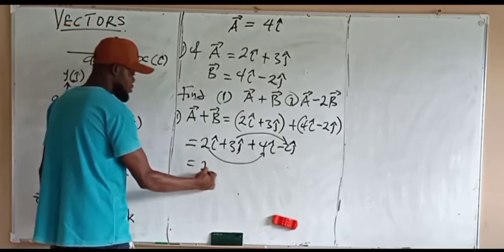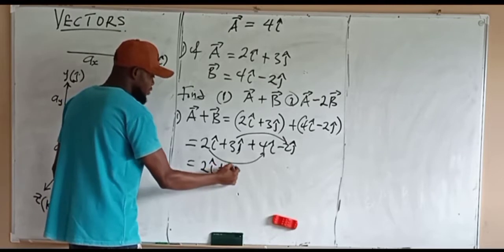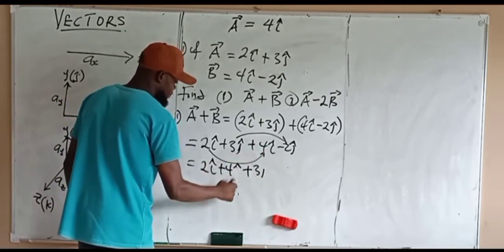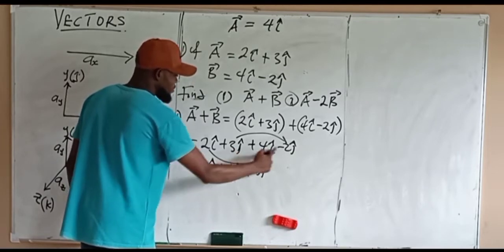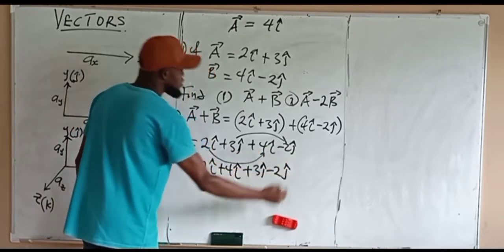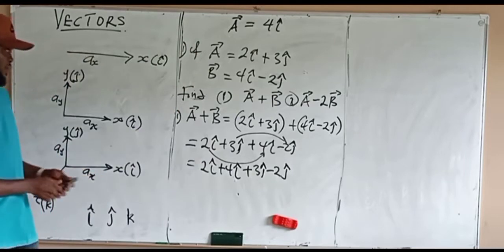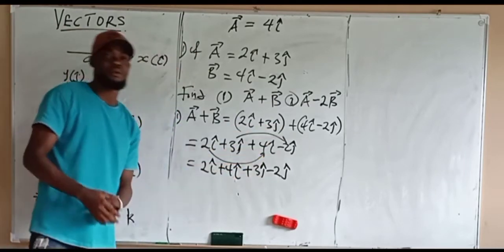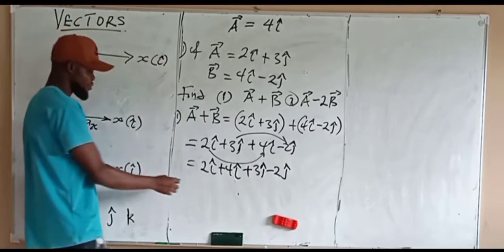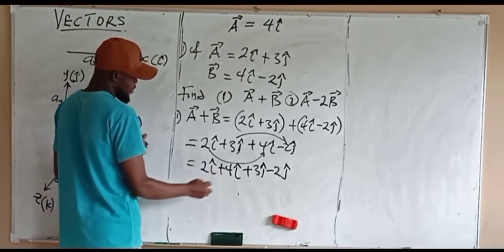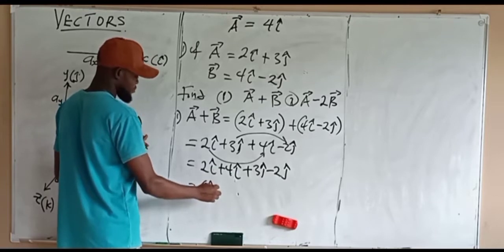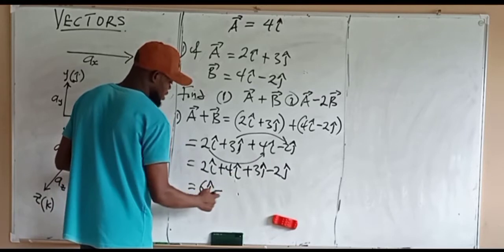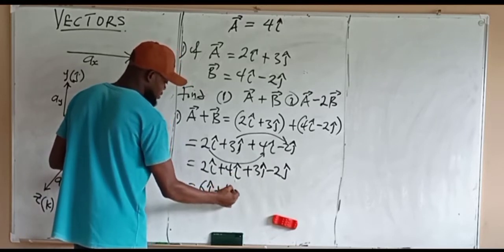So we will have 2I plus 4I, plus 3J minus 2J. So we add those where I goes with I and J goes with J. I hope you are following that. The next thing I will have will be equal to 2I plus 4I, so that's going to give us 6I. Then 3J minus 2J will give us plus 1J.